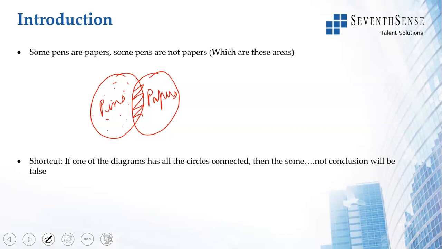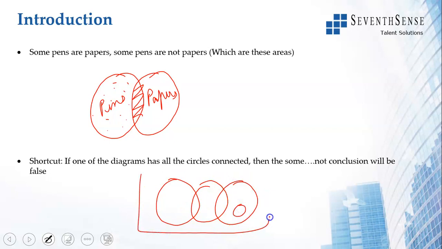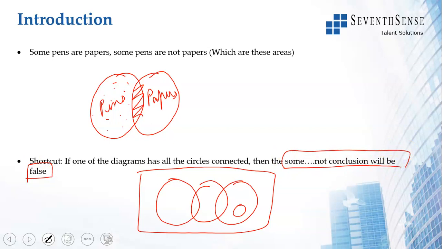Again, if you have any diagram where the circles are connected, something like this, then the some not conclusion will be false. If you draw any diagram of the form this way, your some not conclusion in the statement will be false.